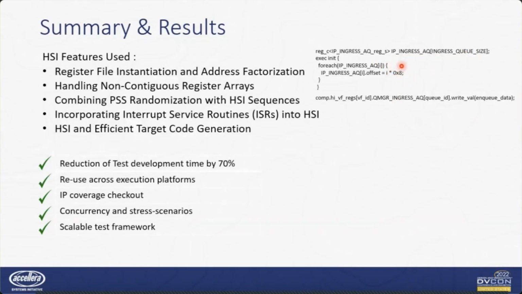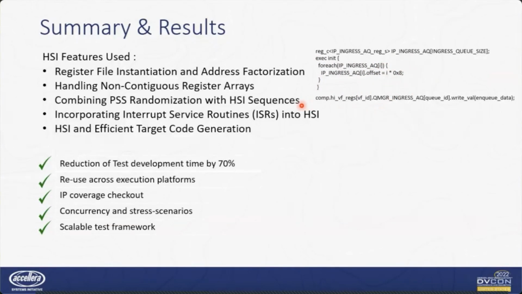But here the registers were at non-contiguous offsets. But HSI gives you a way to set the offset as well. While initializing the register, you can just have a for each loop and then have your own formula of how much the offset is for each register.